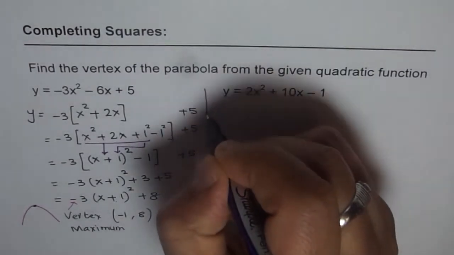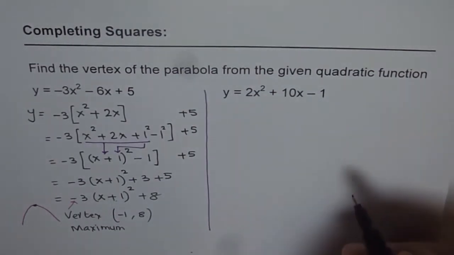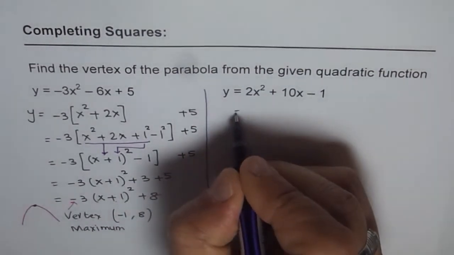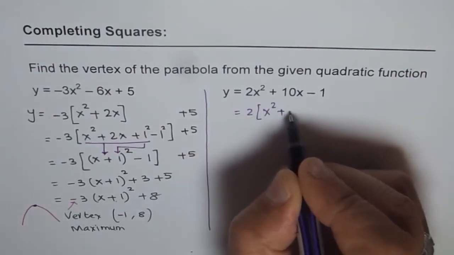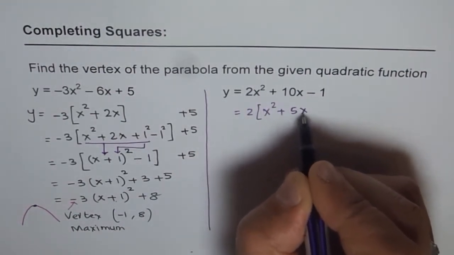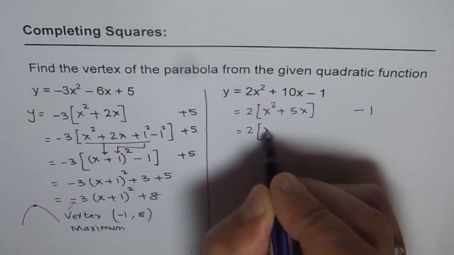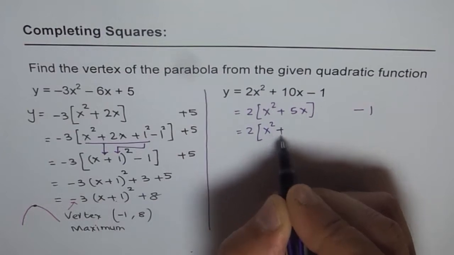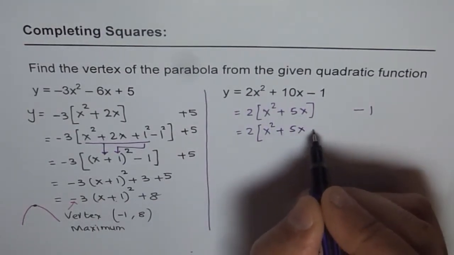Now let me also do the second one rather quickly for you, and I hope you got the same answer as I get. What we get is, we have to factor out 2 first. We get x squared plus 5x, correct? Keep the 1 aside. 2 times x squared plus, now half of 5 is 5 over 2, and that's why I took this example.